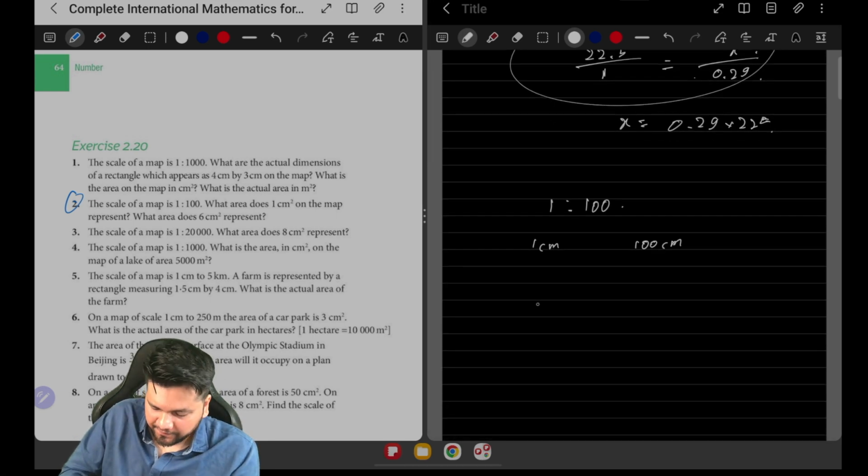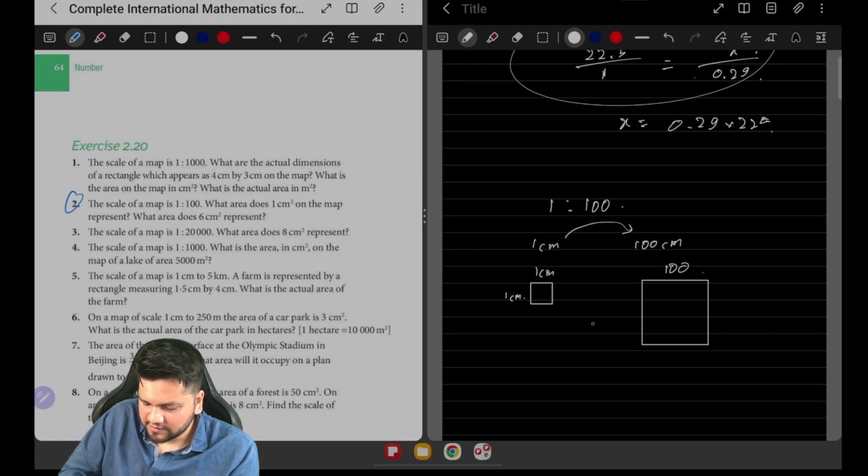Now see here. If I talk about this 1 centimeter square, it's like 1 centimeter by 1 centimeter. With respect to the map, 1 centimeter is actually 100 centimeter. So this is like meter into kilometer, and all of these things also work. So 1 centimeter is actually 100 there, and this 1 centimeter is 100 there.